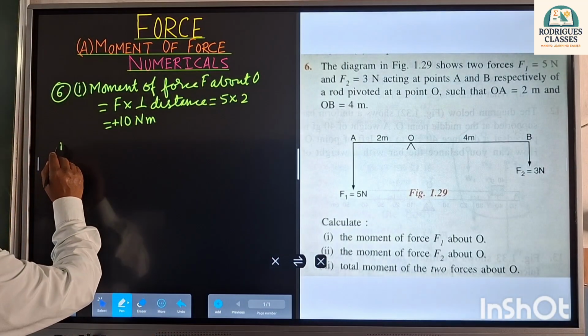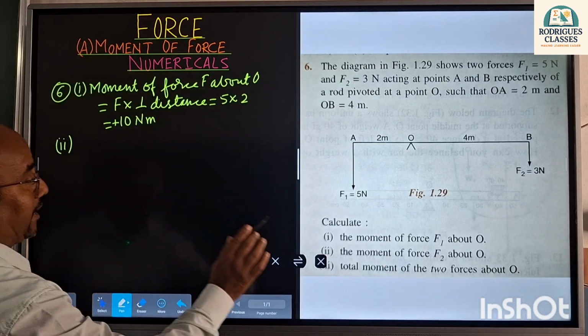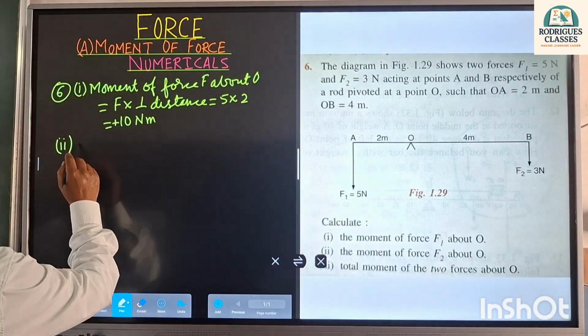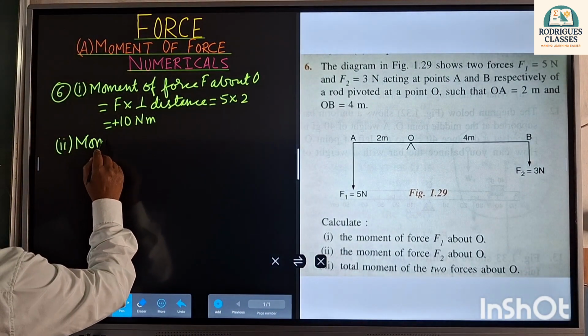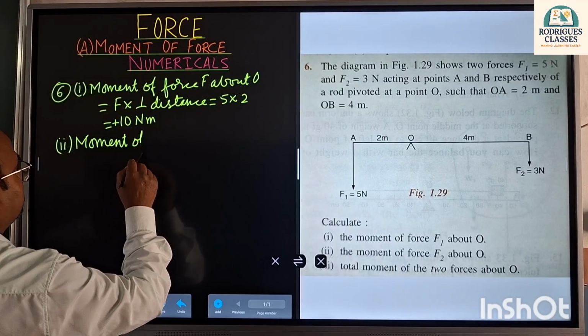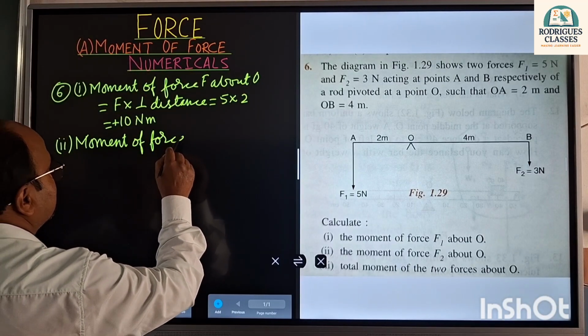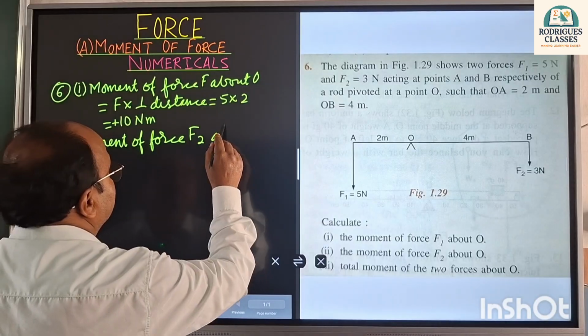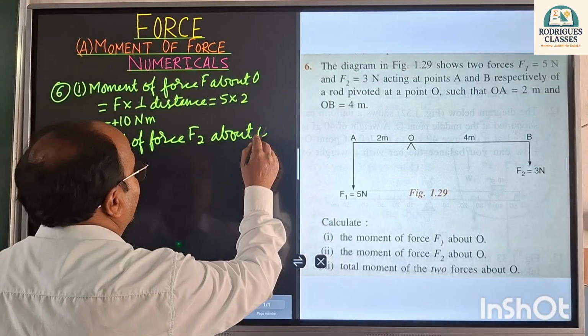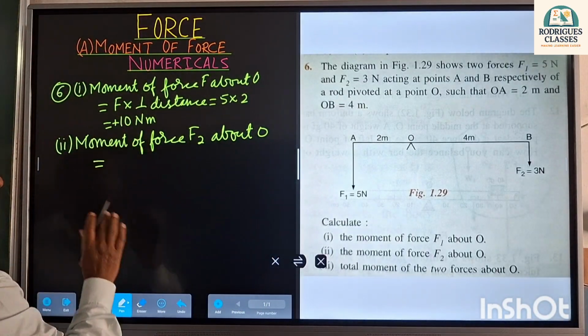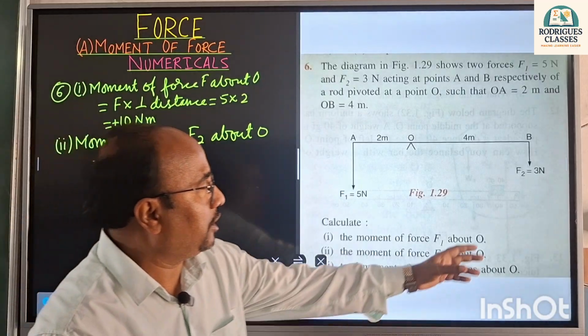So now let us come to the second one. So that is moment of force F2 about O. So the same formula will be there. I am not writing that formula, not required.